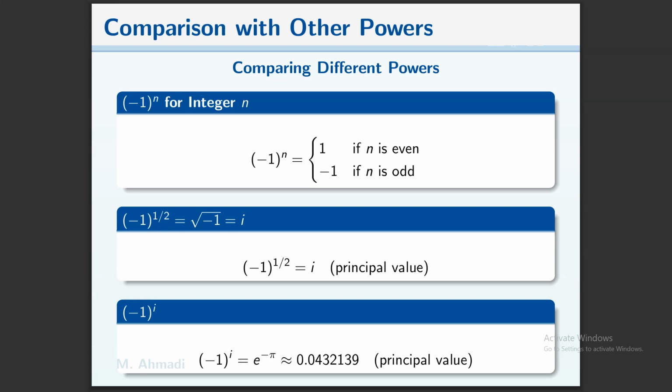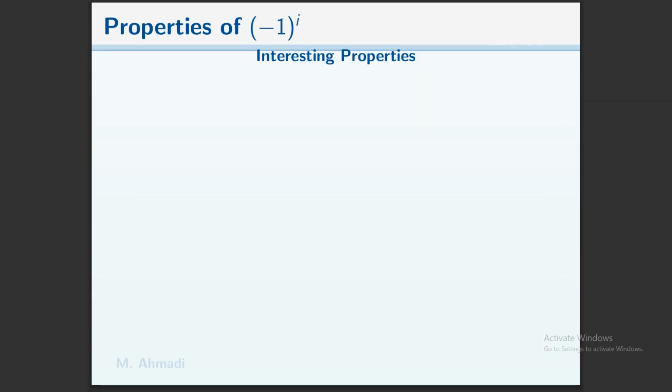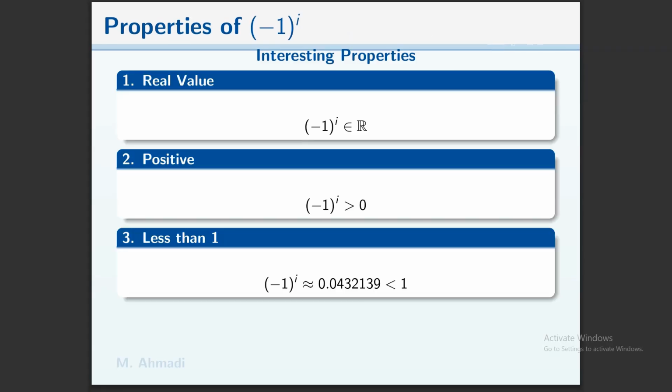We can see that (-1)^i is a real value. We can see the different property compared to the property of (-1) to an odd power. (-1)^i belongs to the real set.